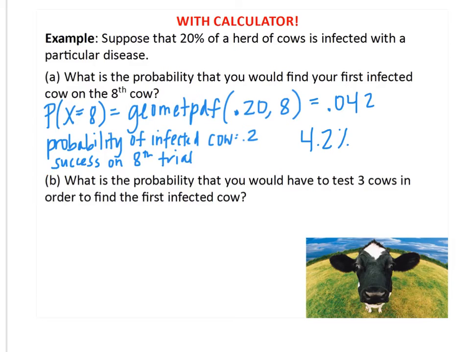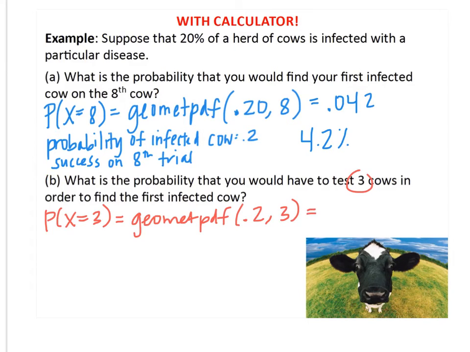Same thing down here. If I'm doing the example with 3 cows, the probability that X equals 3 would be geometpdf, because it's equals, 0.2, comma 3. And when I do that, I get 0.128, or 12.8%.